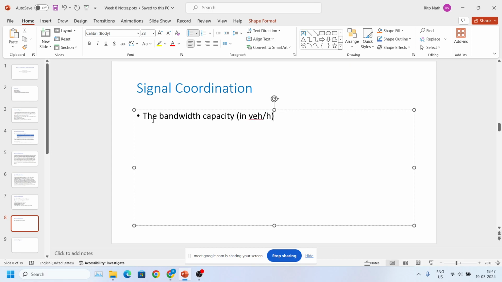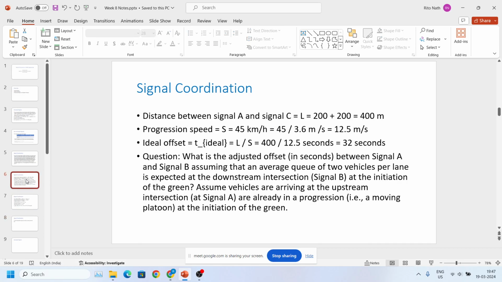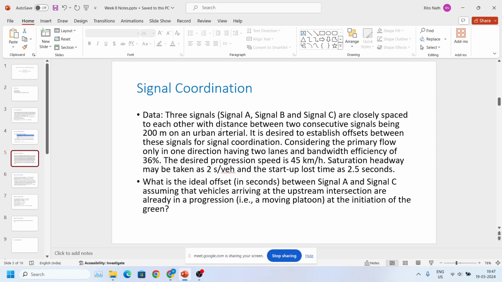They were asked about this, right? I think again it's directly related to the slides. If you need the data, I'll just show it here. So this is the original data that you have for the problem.